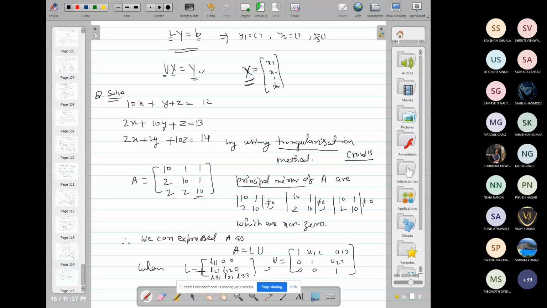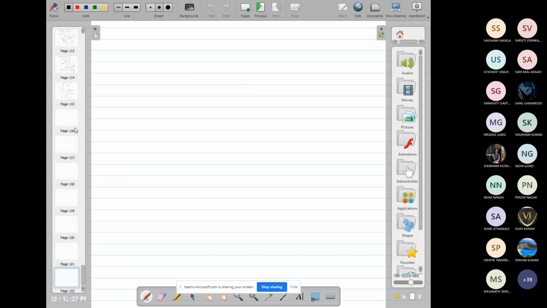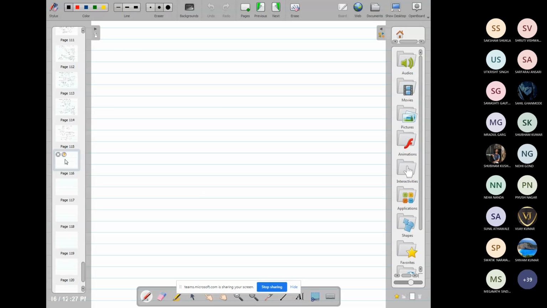This is L and this is U. Substituting in this equation, we have A equal to LU. A is the matrix with first row 10 1 1, second row 2 10 1, and third row 2 2 10.